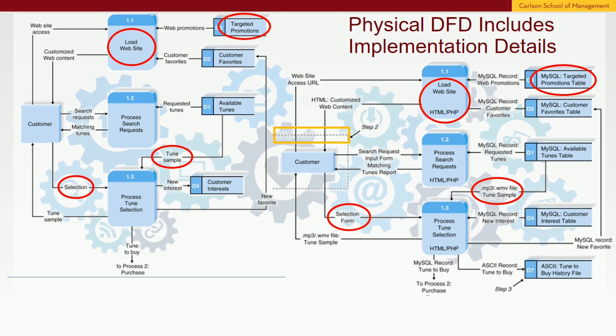In this case, the human-machine boundaries surround solely the customer, indicating that most of the processes will be performed by a computer. Finally, you can see that some implementation decisions can be relatively simple. In this case, the D7 data store is simply added as an ASCII file or a simple text file, and so it need not be complex.